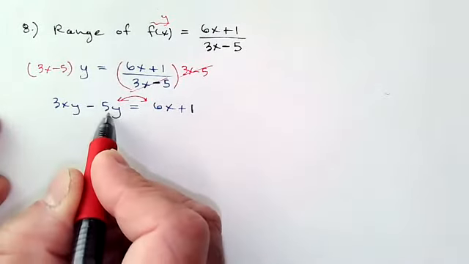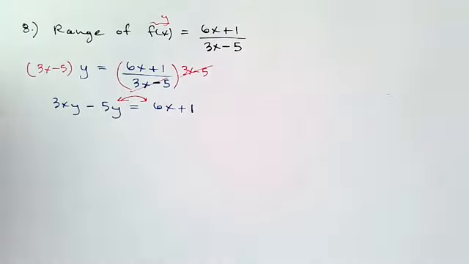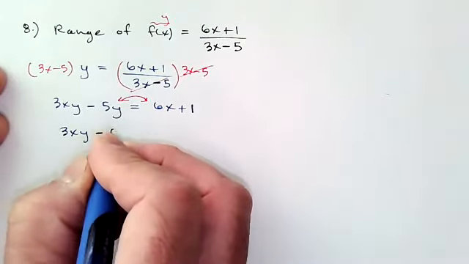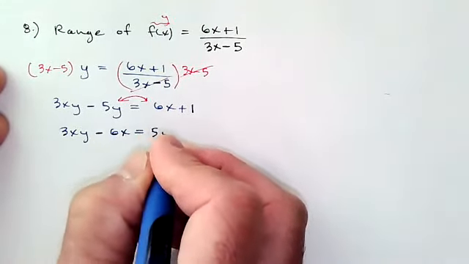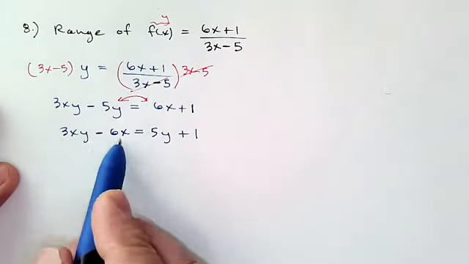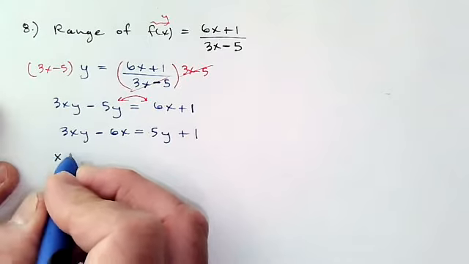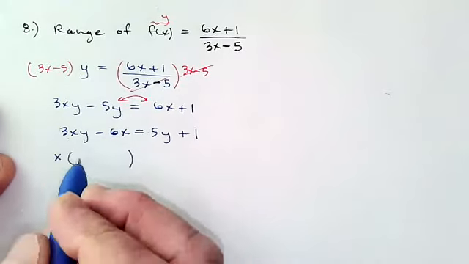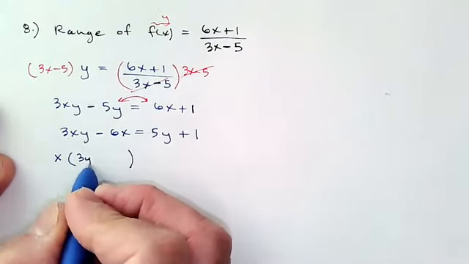In other words, subtract the 6x over here and add the 5y over to the right side. So 3xy minus 6x equals 5y plus 1. Why do I want them on the same side? Because then I can factor out an x. Notice your normal factoring instincts, you can take out a 3x, but our goal is to solve just for x, so you don't need to take out the 3.